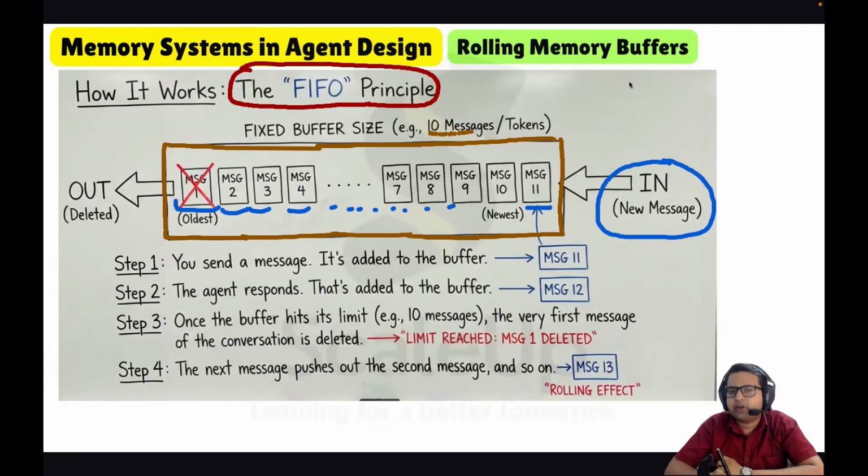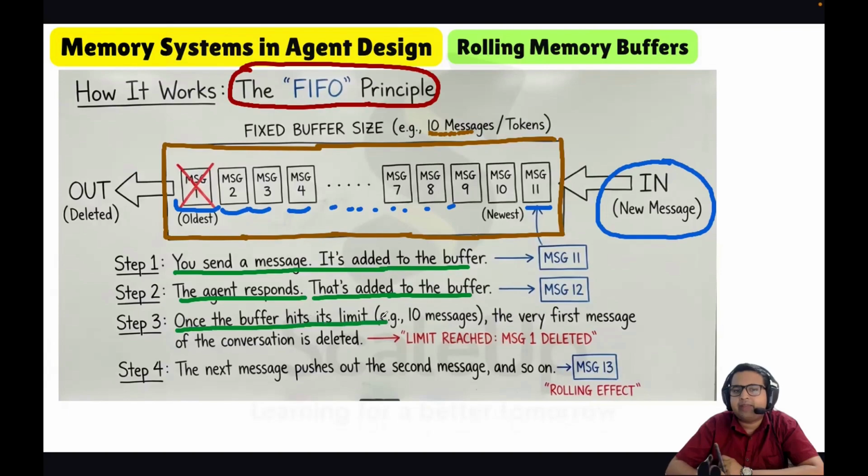So the rolling memory buffer also follows the FIFO principle. Any new incoming message you send gets added to the buffer. The agent response is also added to the buffer. Once the buffer hits its limit, like the 10 messages in our example, the very first message of the conversation is deleted.